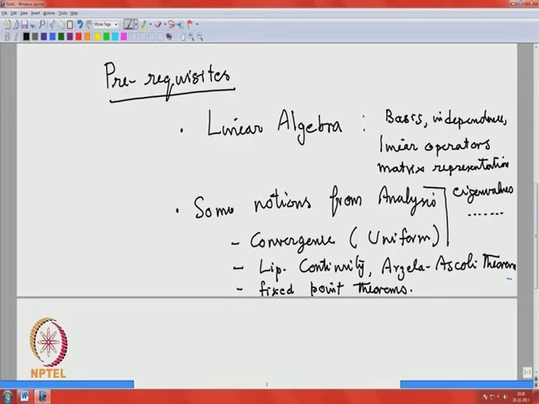But to make this course self-sustained, we will be spending a few hours, probably 5 to 6 hours, in recalling these notions, so that those who are not fully comfortable with these things get to know what they exactly want to learn.